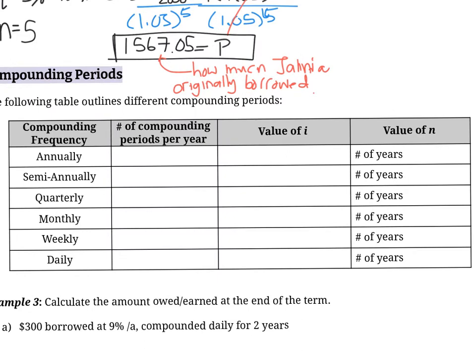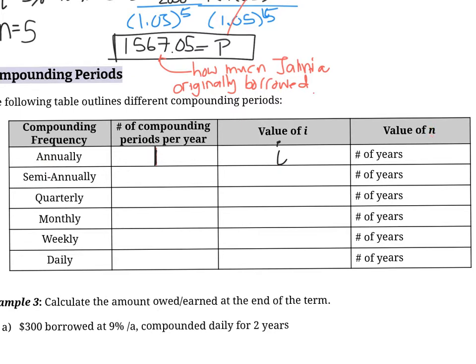So interest can be calculated or charged to us annually. That means once per year. We know that. And our interest rate just remains the same. So if interest is charged to us annually, it's charged to us once per year. Our interest rate is just whatever interest rate is quoted, because it's always quoted per year.